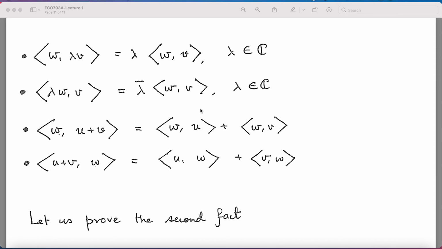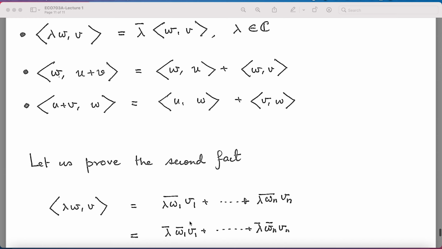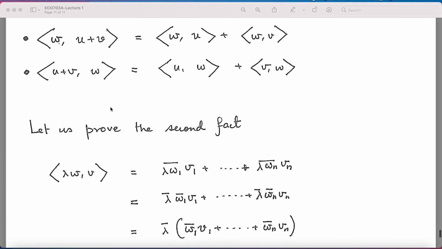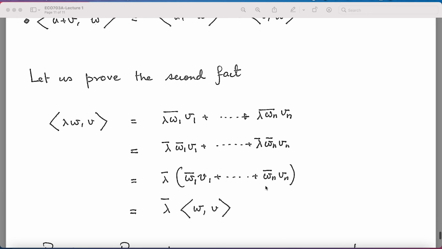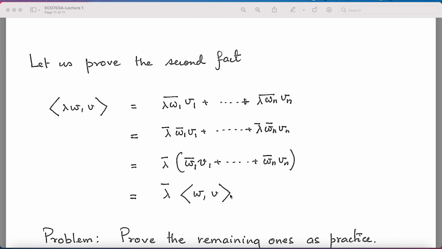So, lambda bar would come out and this would remain the same. Let us prove the second fact, which is this one, that the bar comes out. So, here you see the bar comes out and this is what you have. You can prove the remaining ones for practice.